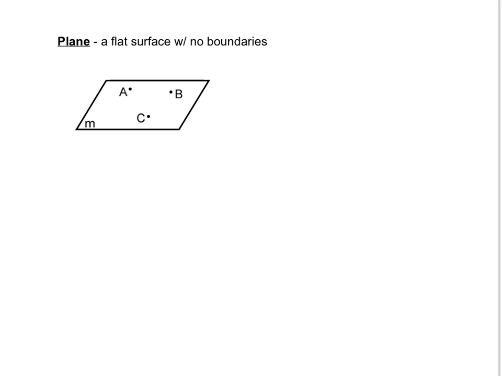I could name this plane right here as plane M with a small letter. We won't do that too often in class. Or I can name this plane with any 3 points that are on it. In this case, there are 3 points that I can see, A, B, and C, and I'm going to draw my little plane symbol above those points. So this is plane ABC, and we will do that once in a while in class.